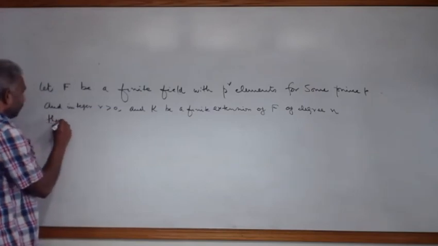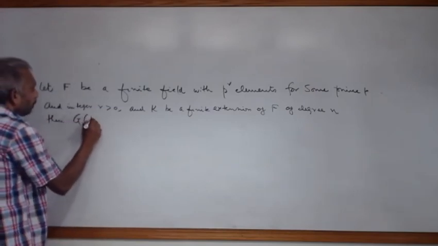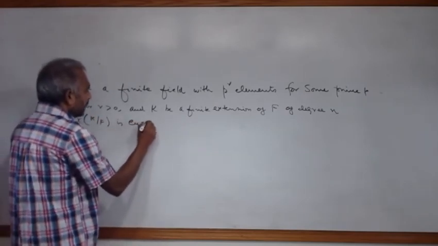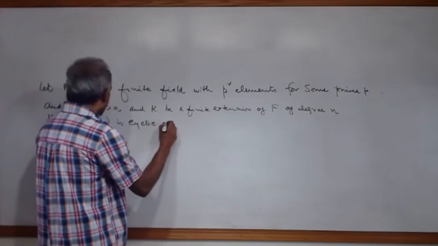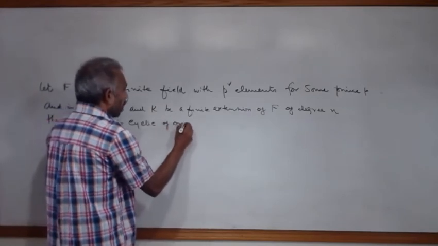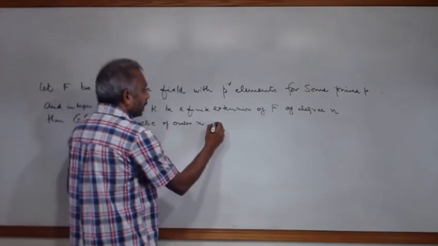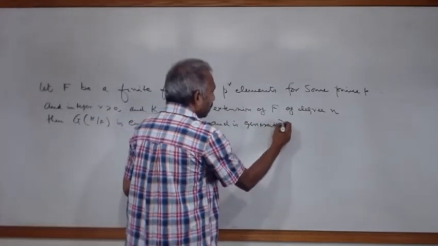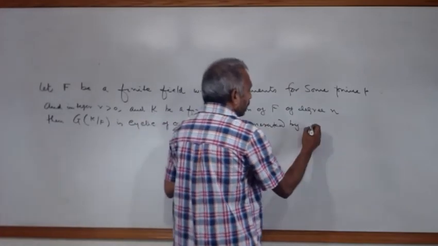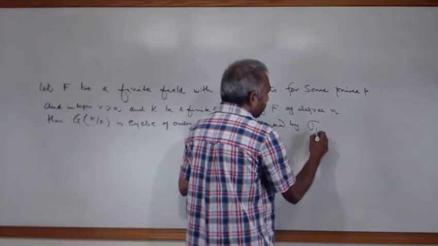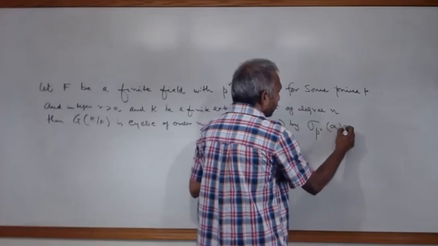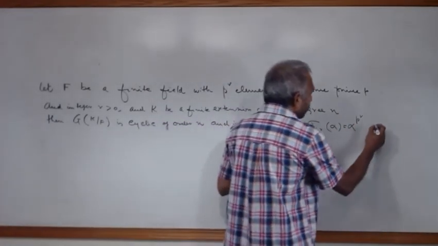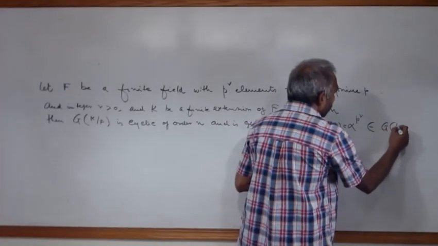Then the Galois group of K over F is cyclic of order n and is generated by sigma p r of alpha equal to alpha to the power of p r, and that actually belongs to G of K over F.